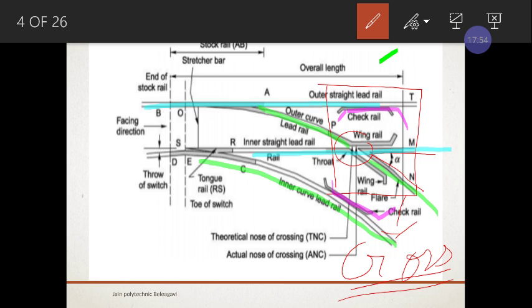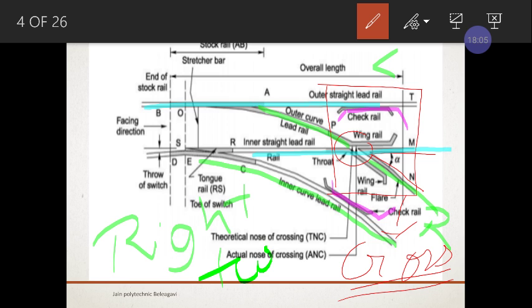This is your left and this is your right. So this turnout is called a right side turnout. If the branch was to this side, like this, then it would be a left side turnout.